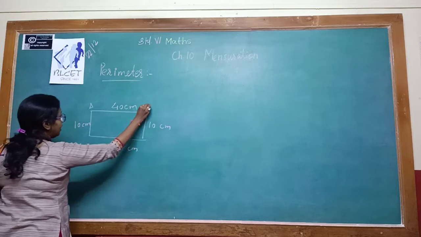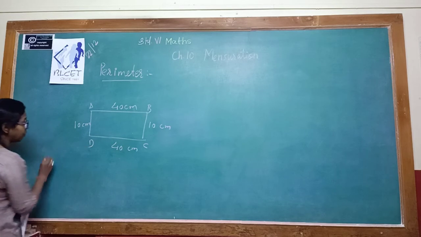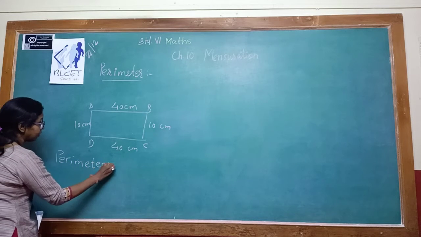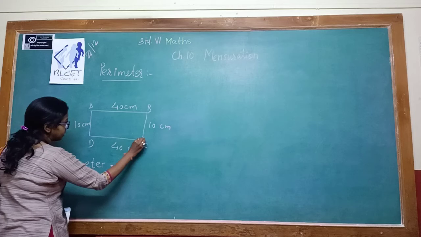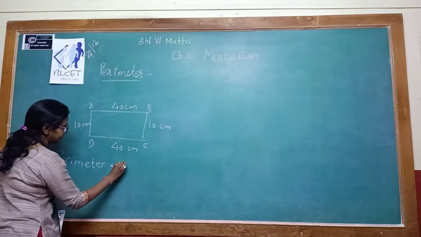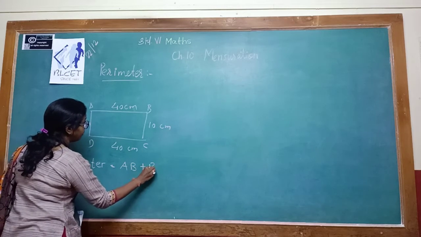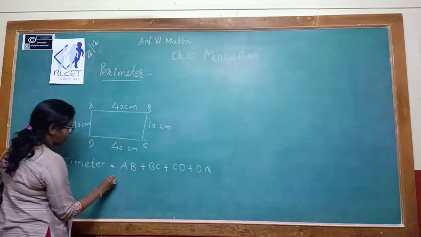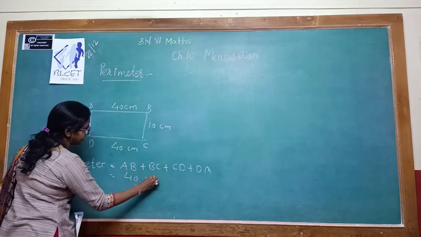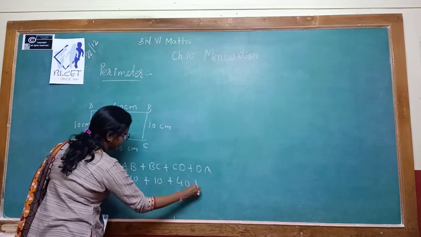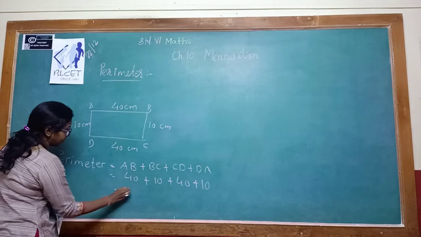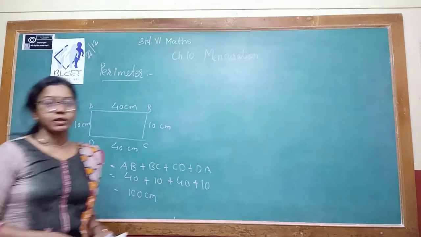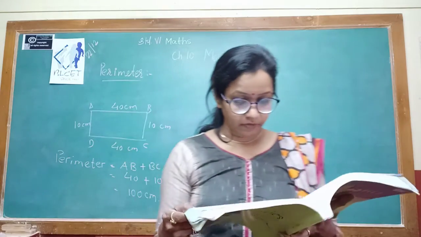Name it A, B, C, D. Then the perimeter is equal to AB plus BC plus CD plus DA, the measure of all the sides. AB is 40, BC is 10, CD is 40, and DA is 10. So the answer is 100 cm. This way you can calculate the perimeter of a given object.